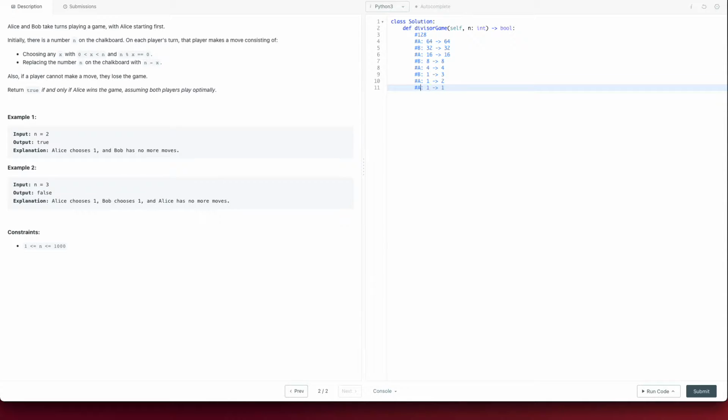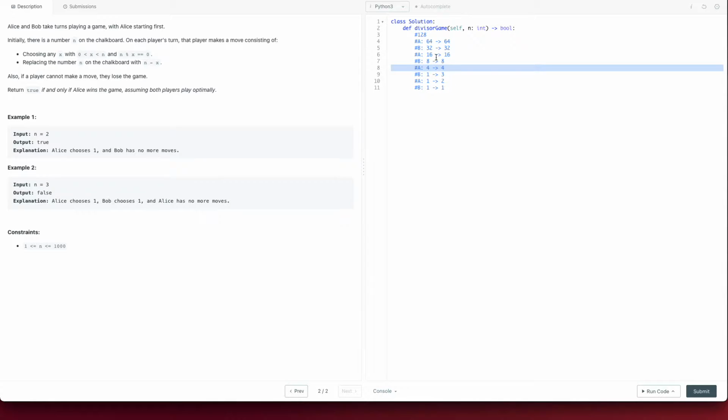And then Bob will win. Bob can always force it to 3 here if it's 4. And if it's 3, then there's no other choice other than 2, right?